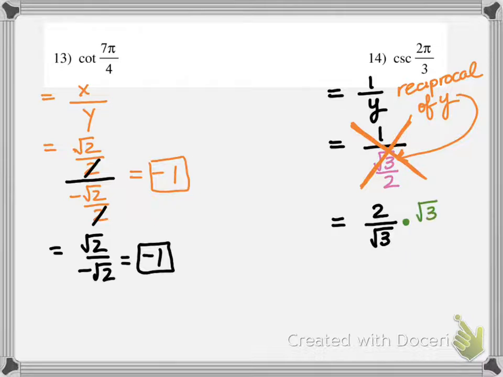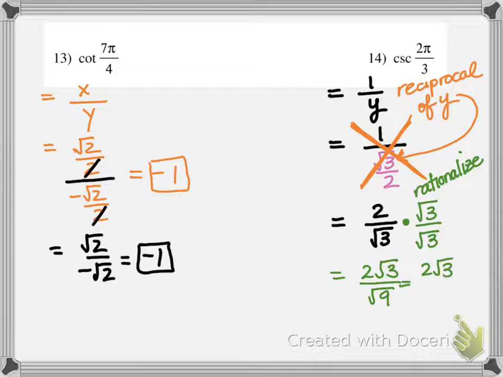So I need you to multiply top and bottom by square root of 3. You are still going to rationalize just like you've done all along. Okay, so my final answer in radical form is going to be 2 square root of 3 over square root of 9. That simplifies to 2 square root of 3 over 3. So this is my answer. Okay?